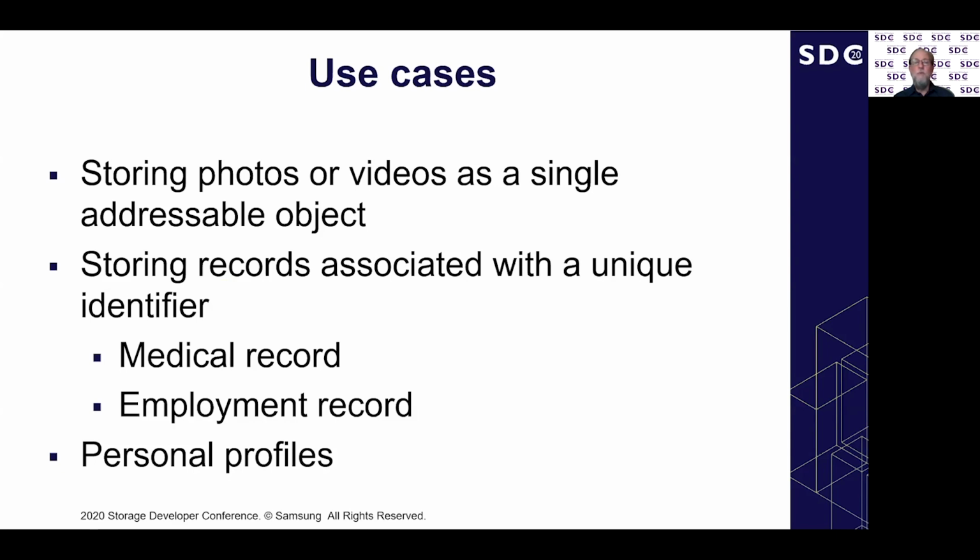Likewise, employment records: you have an employee identification number, and then associated with that on the storage is the complete employment record for that employee. Personal profiles. All of these things allow you to have something on your storage device that is easy to take computational storage and utilize that to then search for what you want on your device and return just the information that you want.